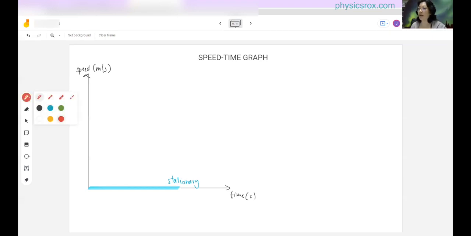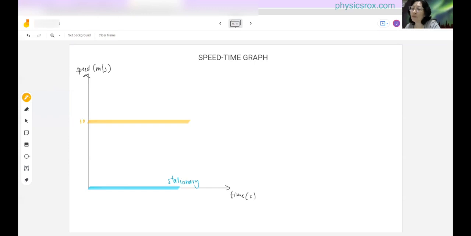What if we have a graph like this? Moving or not moving? You sure? Look now, this is a speed time graph. Imagine there is a number here, let's say the number here is 10.